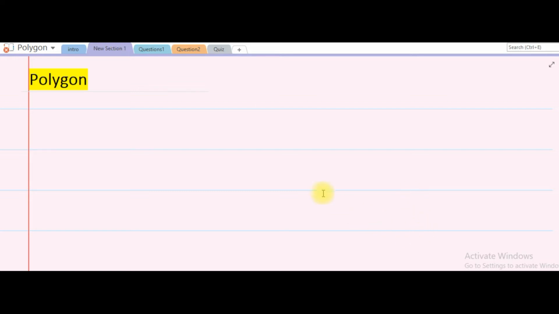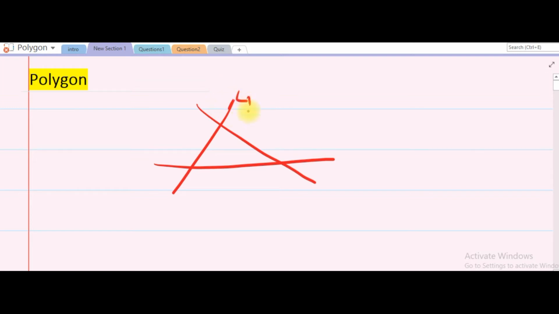So see what I'm saying? If you have lines, this is a polygon because this is segment 1, this segment 2, and this segment 3.